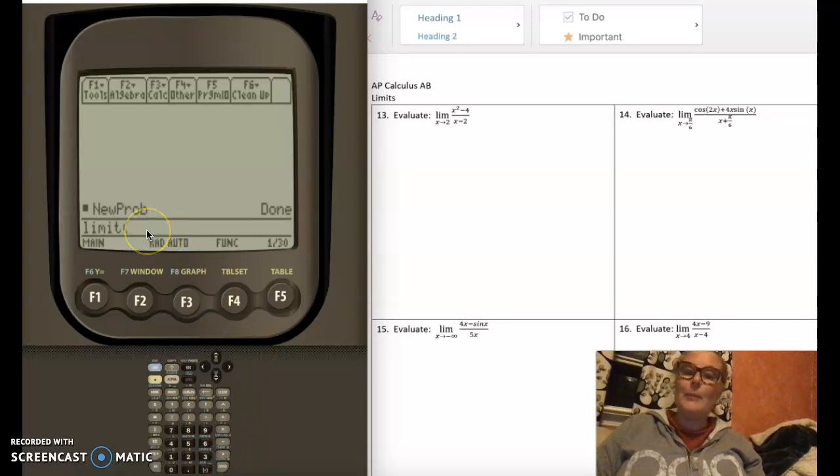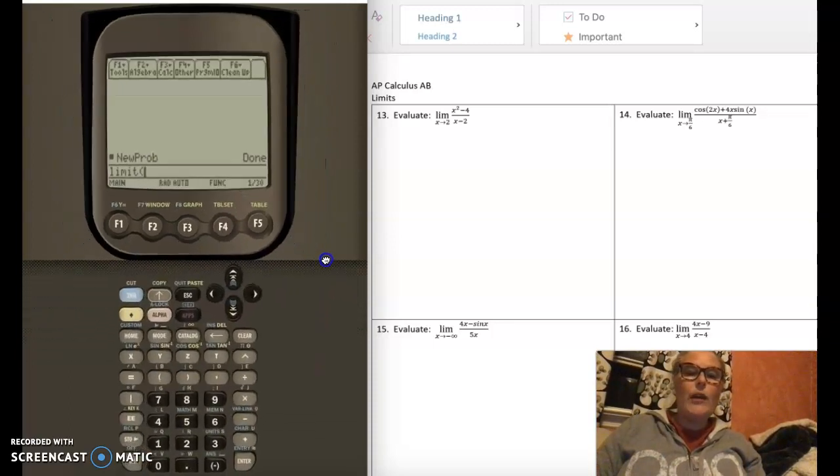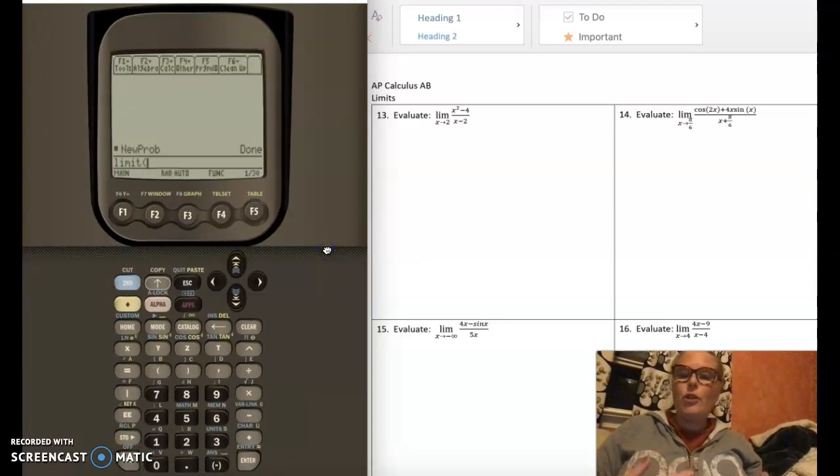So it says, okay, the limit. So now you have to tell it what to take the limit of. So I'm going to take the limit of the function I entered already. And it's the same thing here. If you write y1 without using function notation, it's just going to take y times 1 and get some constant. So your intent is to say y1 of x.